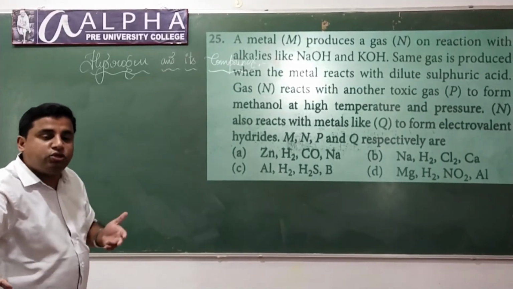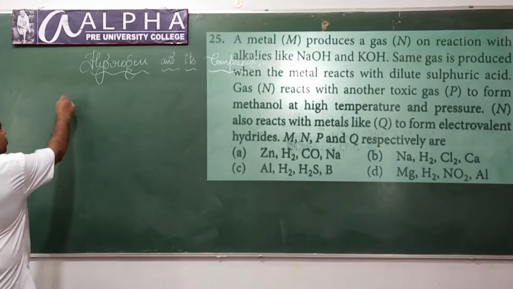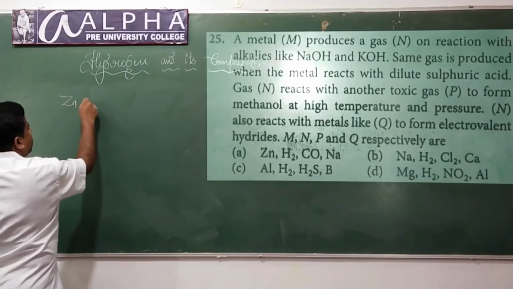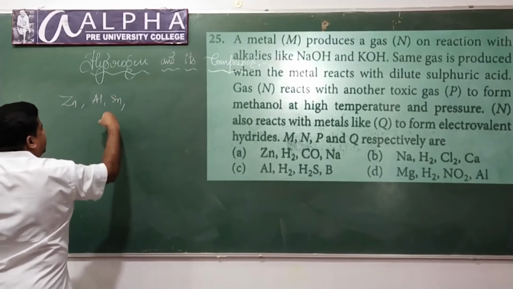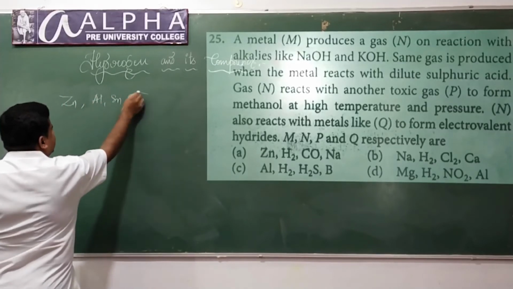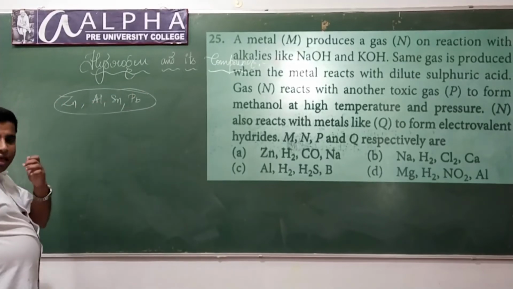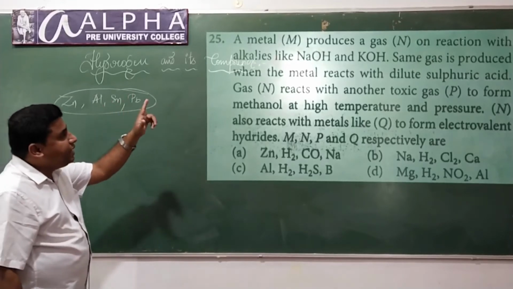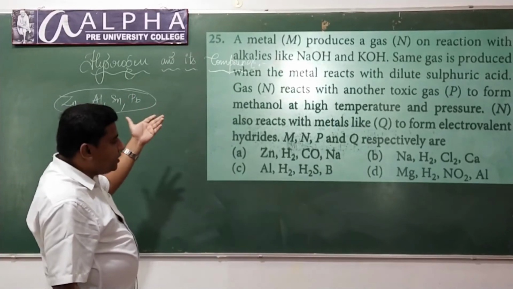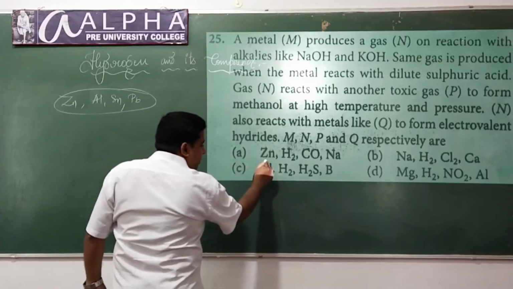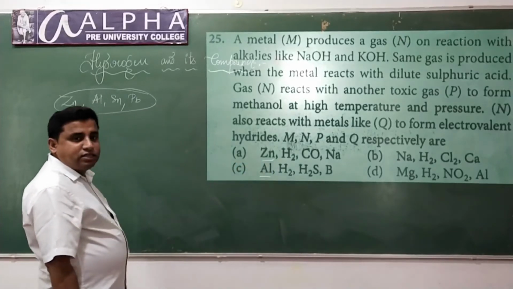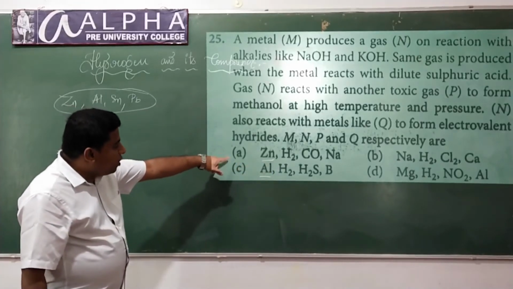Which are those amphoteric metals? Aluminium, tin, and lead. We have zinc metal and aluminium metal, so our option lies in these two.